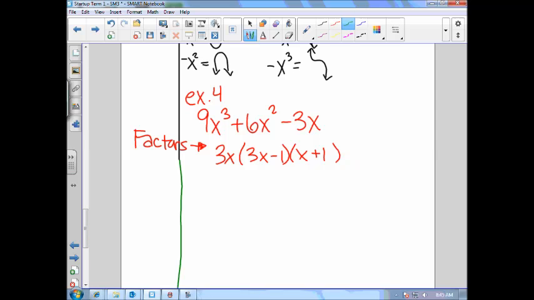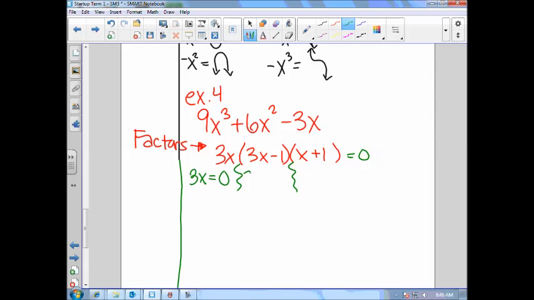Now we need to find zeros. Zeros requires us to go one more step by setting all of these equal to 0. Okay, so we take each of our factors. 3x, set it equal to 0.